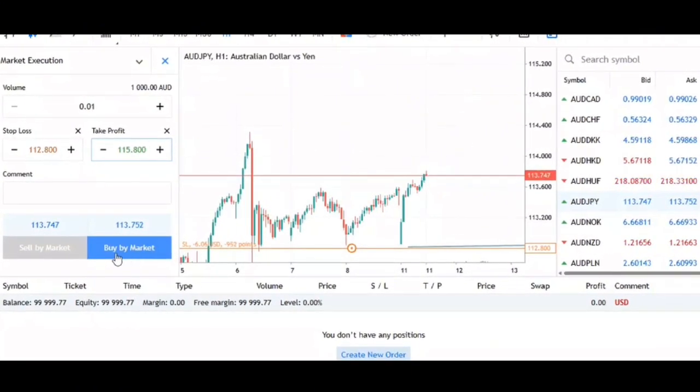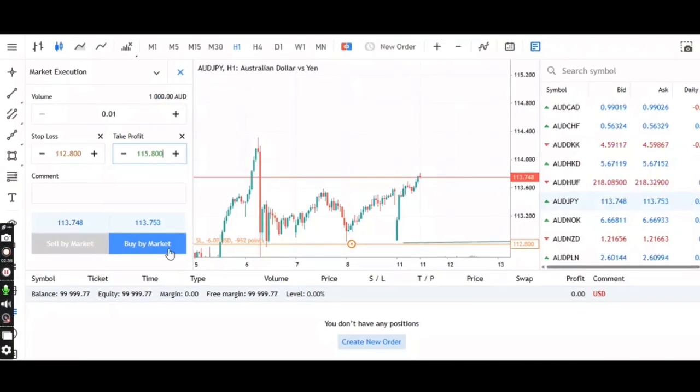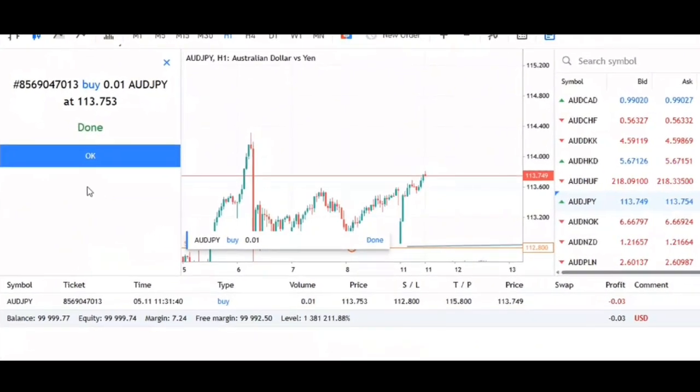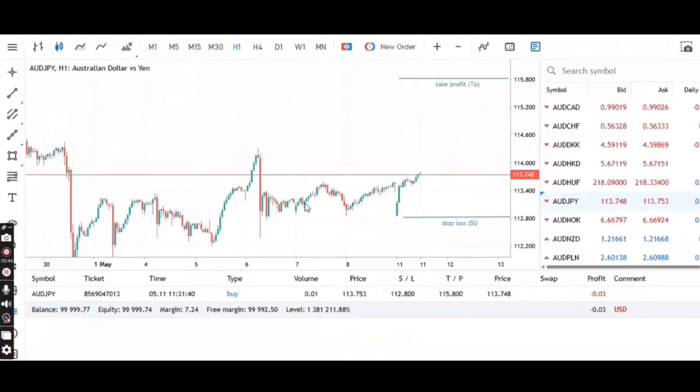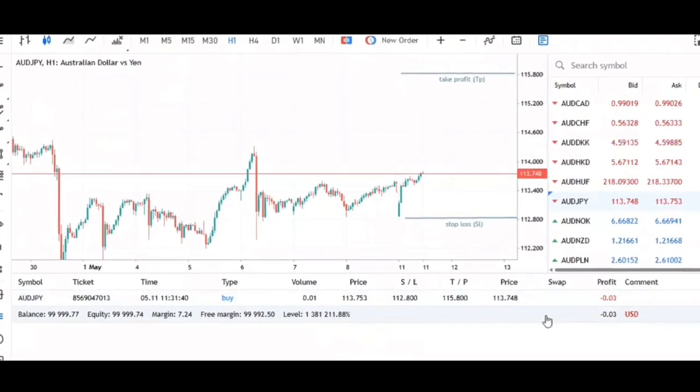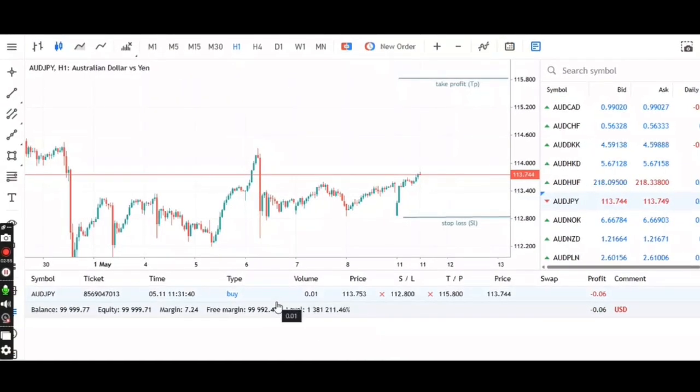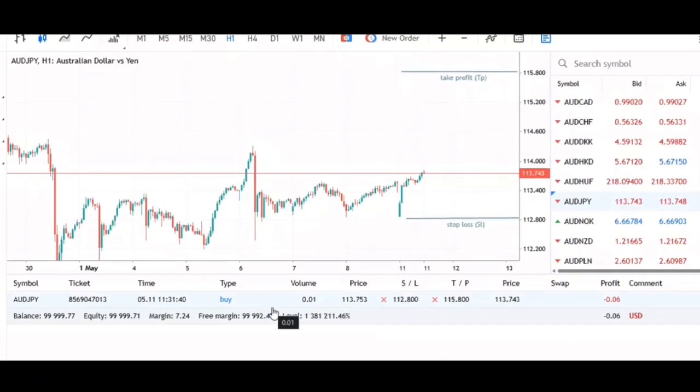Once I click buy by market, I will instantly be in the market, and you will see it here. Boom, that's all. I'm already in this market, and as you can see here, the market is already running. So that is how to enter an instant order. And once you click buy or sell, if the market goes against you immediately, you start losing, or you start gaining.